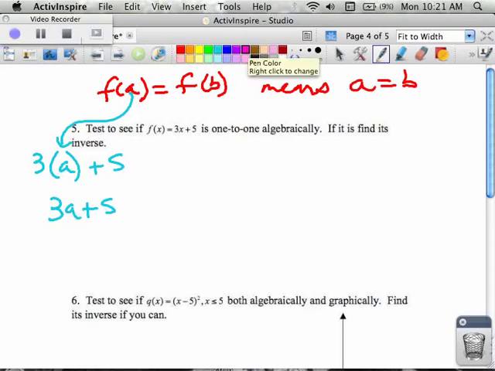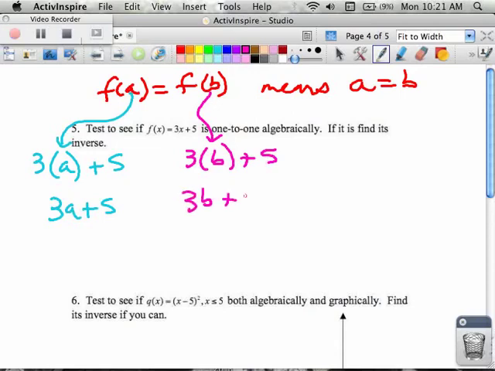Let's plug in a B. 3B, so here's the B, plus 5 is the same as 3B plus 5 when I simplify. If I subtract 5 from both sides, I get 3A equals 3B. If I divide both sides by 3, I get A is the same as B.